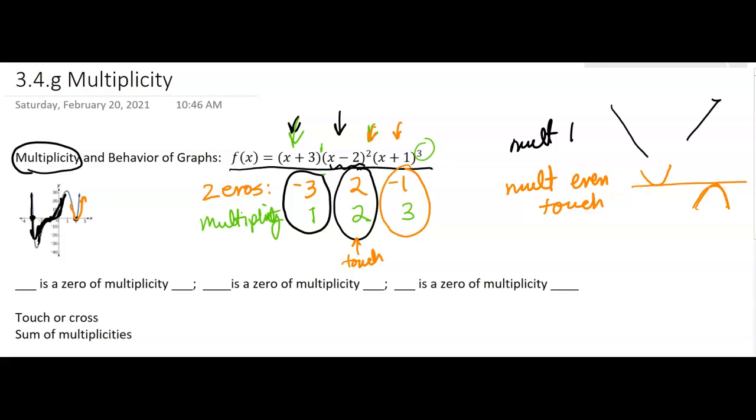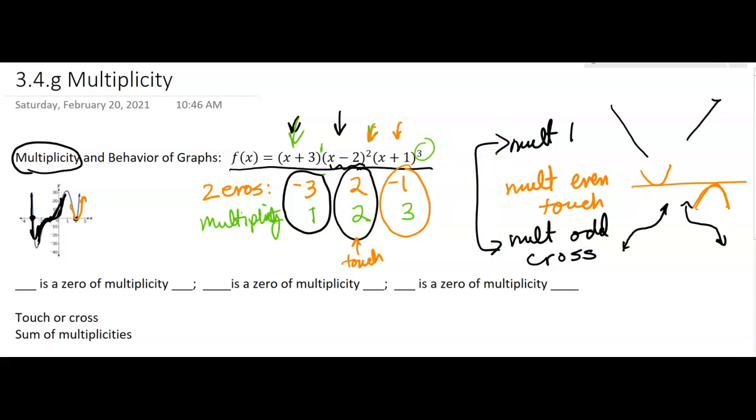So if the multiplicity is odd and greater than 1, it's going to come up and do this type of thing. Or it could be going the other way, something like that. We say that it crosses. The only difference between a multiplicity of 1 and a higher odd multiplicity is that the multiplicity of 1 goes straight on through. It doesn't have that little curvy part going on, okay? But both of them cross.